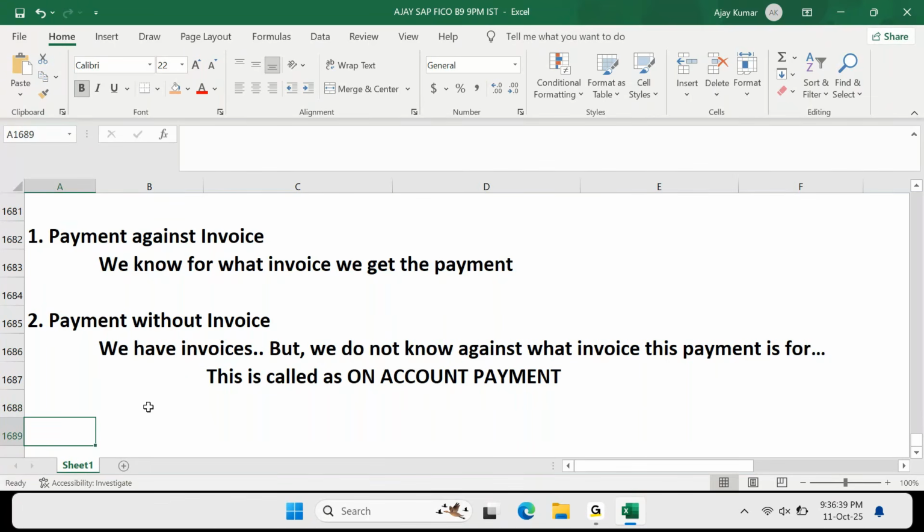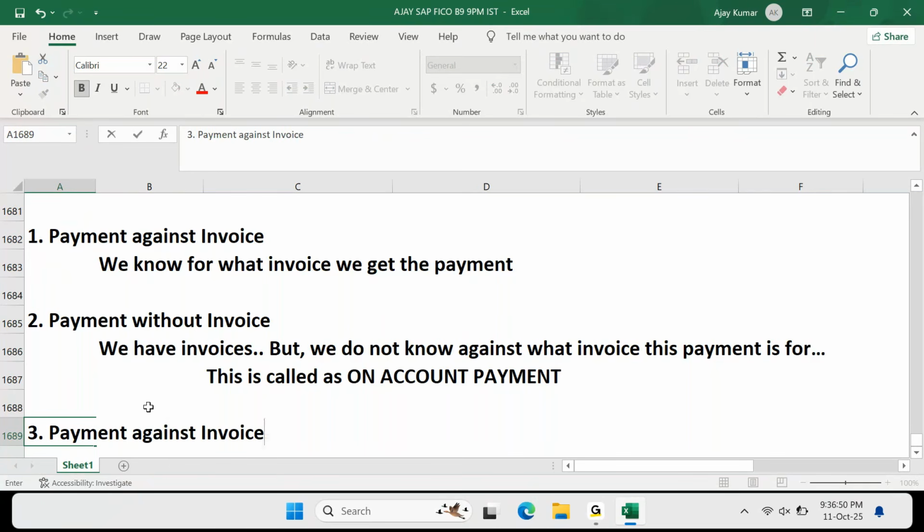Now, the third one: payment against invoice, partly made.